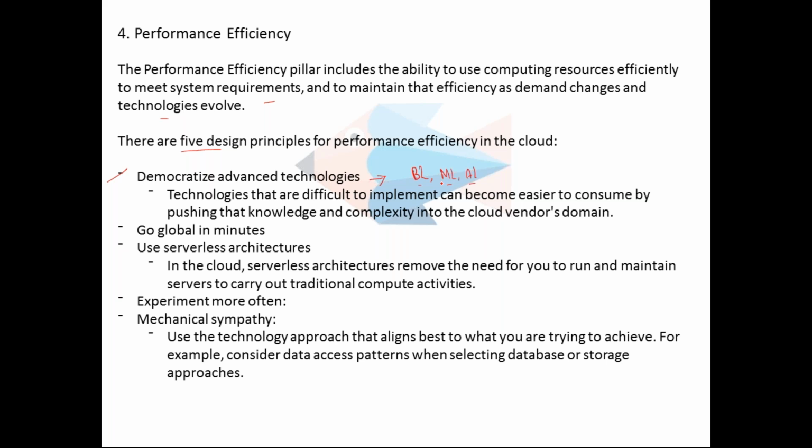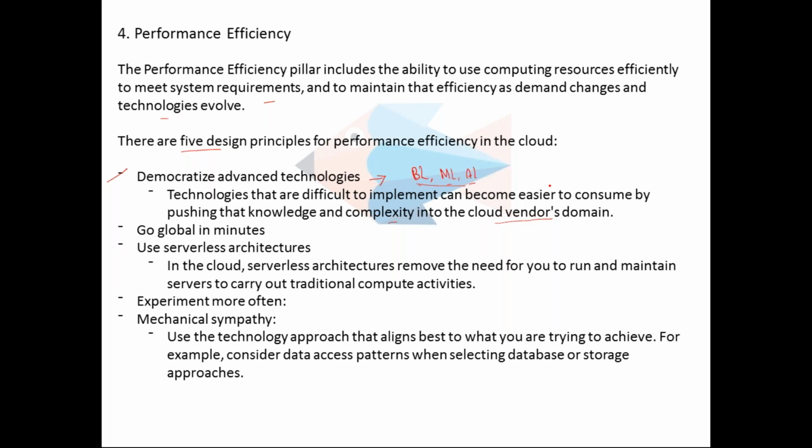So what you can actually do is push the complexity to a cloud vendor's domain. You just give the whole knowledge or the complexity of maintaining the servers with this technology to AWS, so that you can concentrate on your core business.